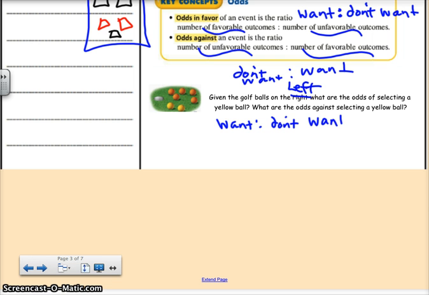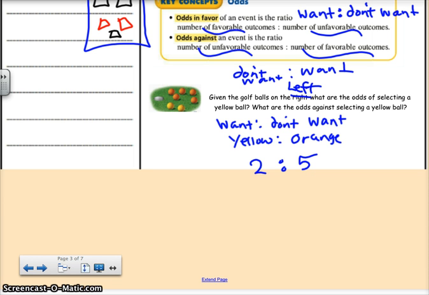I don't want, what is that, orange? Orange or red or, bear with my old eyes, other colors. So I want yellow, there's 2 yellow. I don't want the orange, which there are 1, 2, 3, 4, 5. When you add odds up, you should get your total amount.